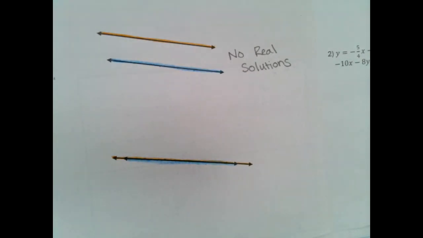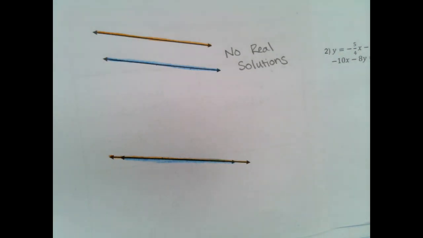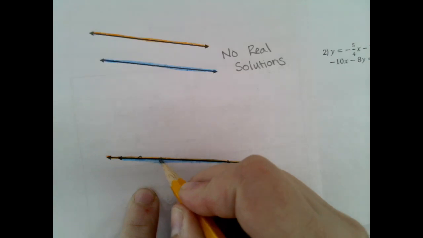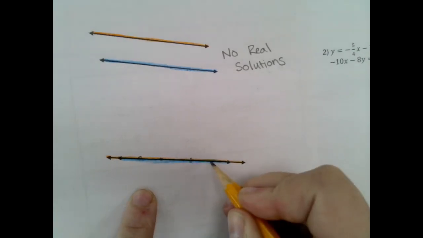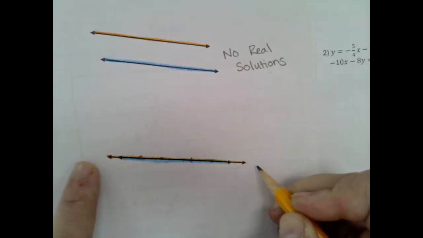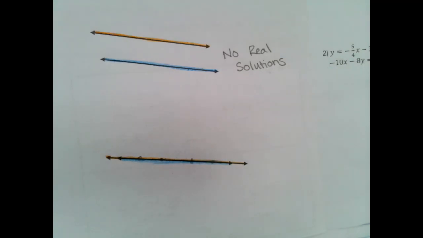And if I have 2 lines that are right on top of each other, it's really just the same line. It's like tracing it. Okay? So if I just trace that line, how many points do they have in common? Well, they'd have this one, this one, this one, this one. They have all the points in common because they're overlapping.